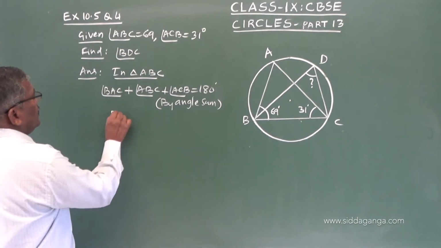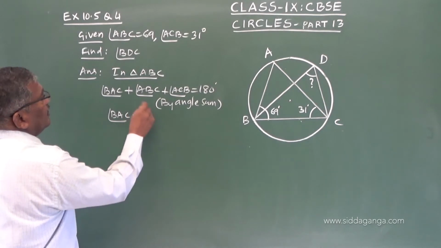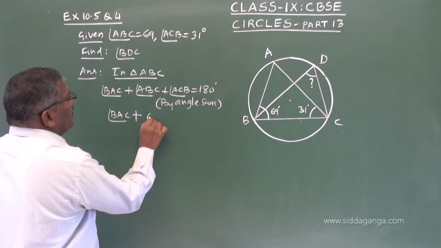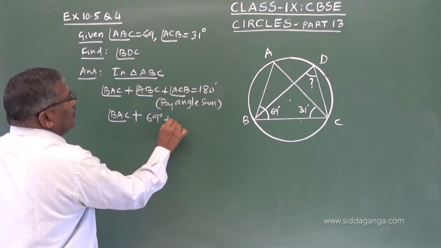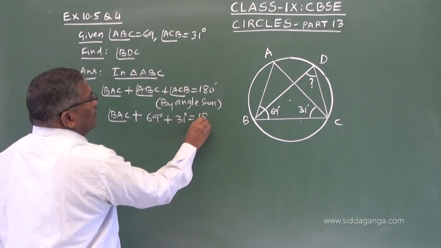Now here BAC plus ABC, as given it is 69 degree, plus ACB it is 31 degree, is equal to 180 degree.